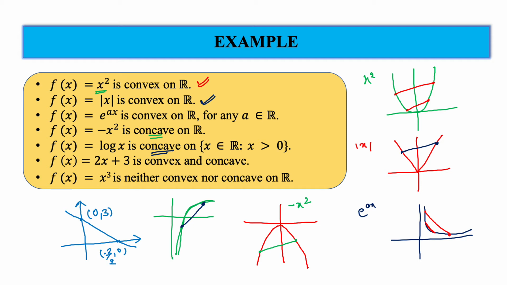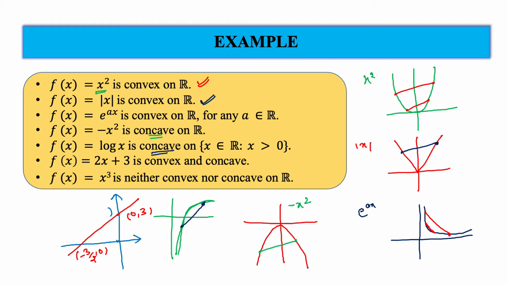So that line, I will just redraw the graph for that line. It will be something like this. So this point will be (0, 3), and this will be (-3/2, 0).